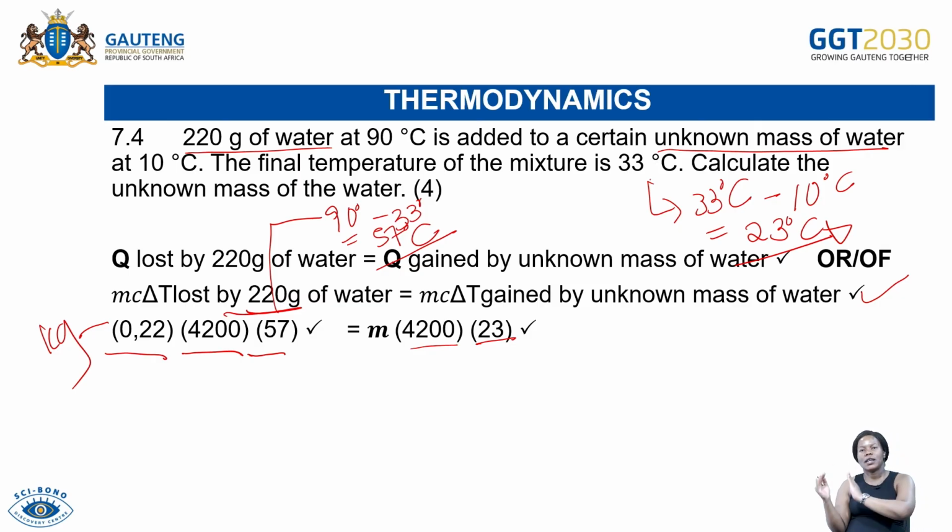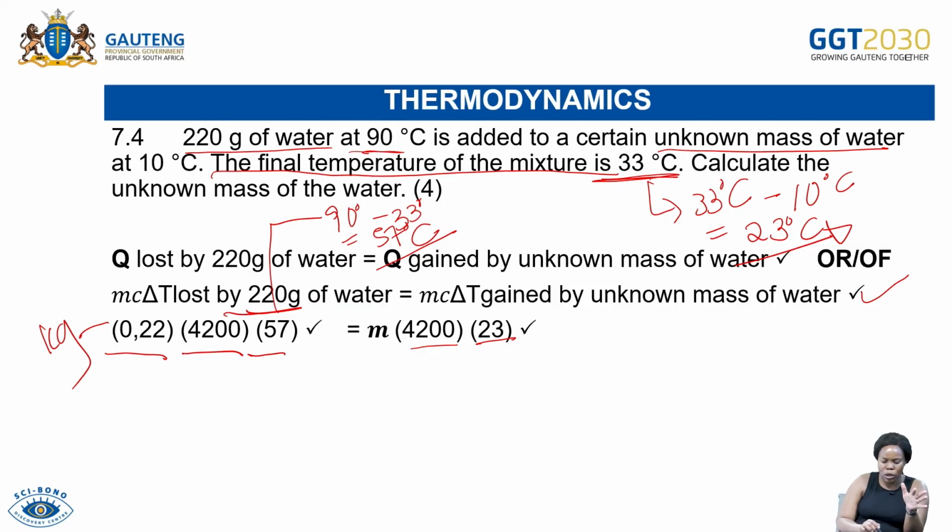So you're comparing the final temperature with the initial one. This 33 degrees is the final, because they even stated the final temperature of the mixture is 33 degrees Celsius. However, initially, what was the temperature for both waters? The one that is 220 grams was at 90.